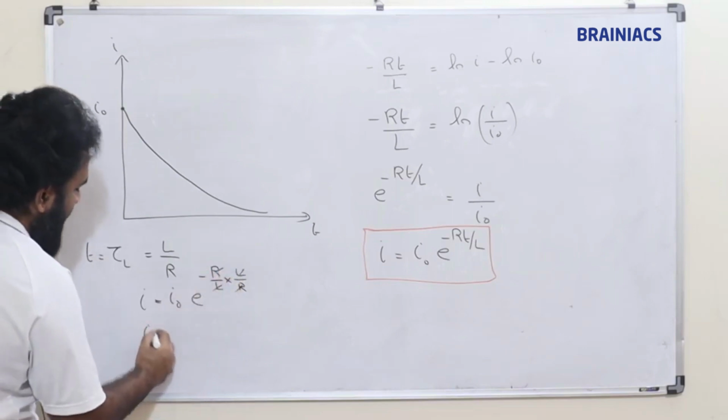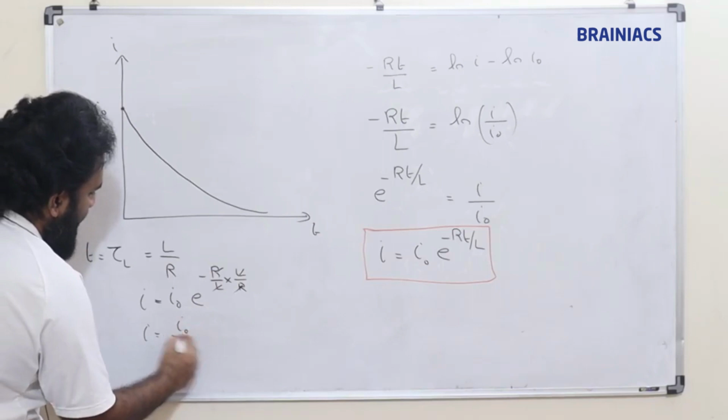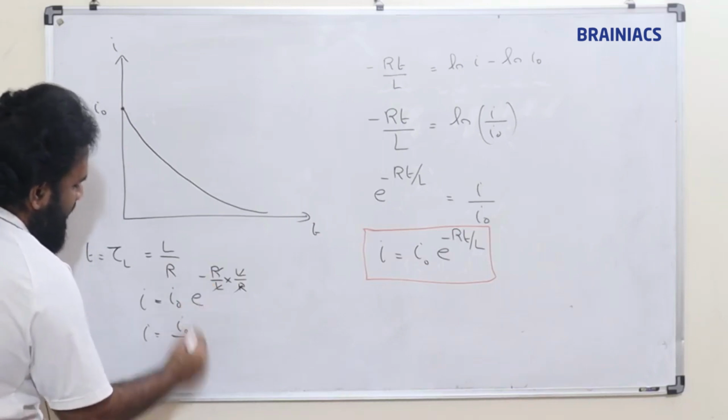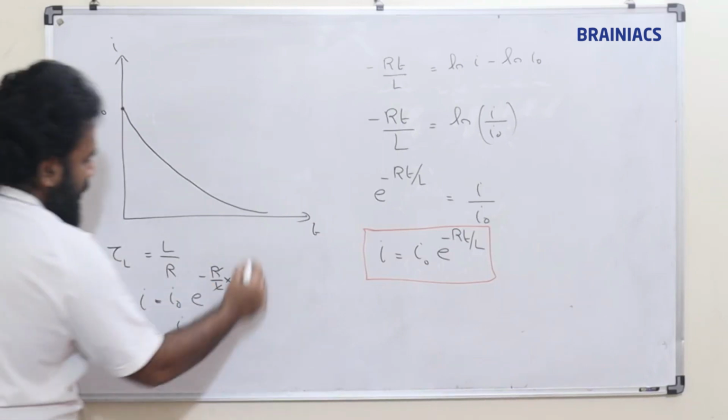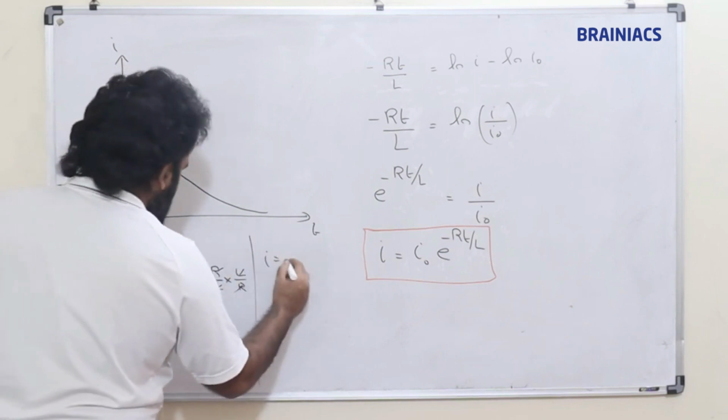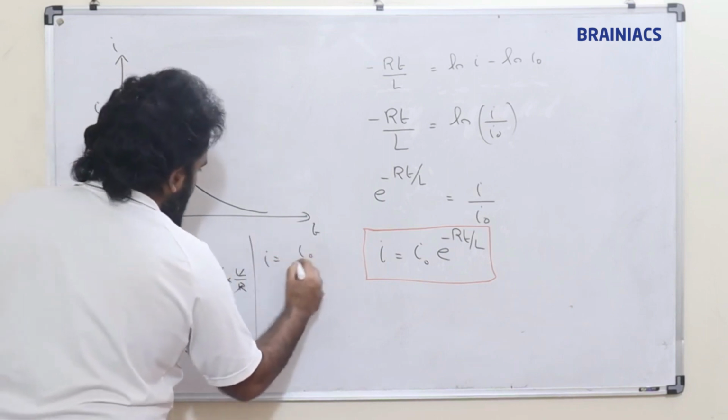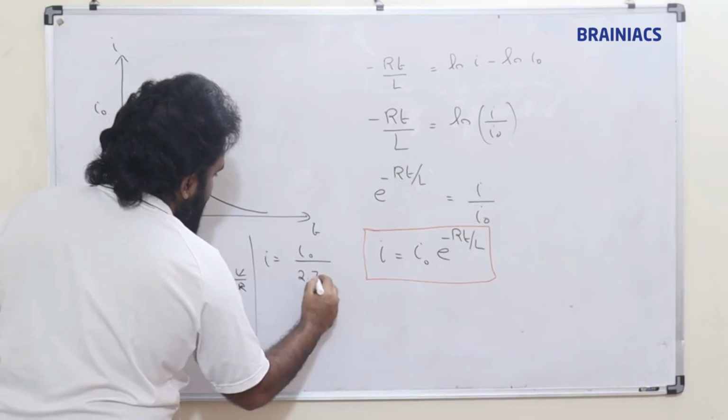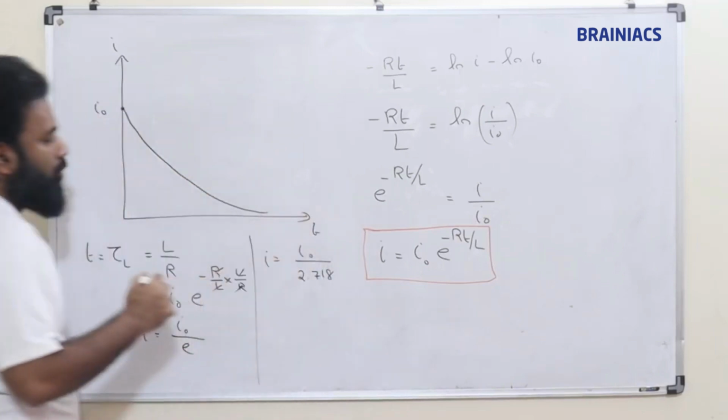So this is nothing but I is equal to I naught e raised to minus 1. This is e, so I will be equal to I naught divided by 2.718.